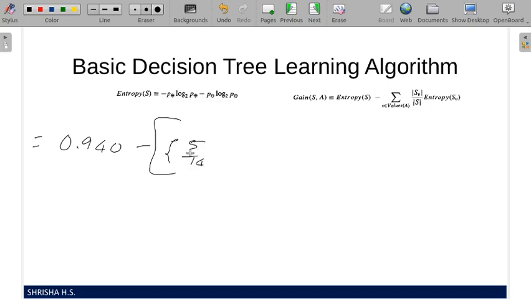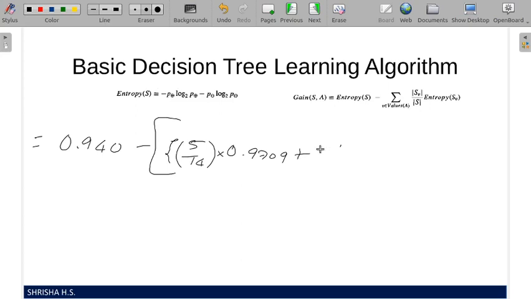5 by 14 multiplied by the entropy of Sunny, where the instances are Sunny, plus the entropy of Overcast.